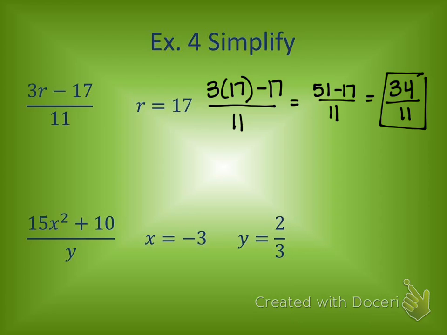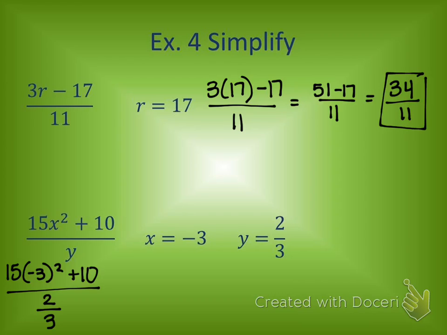But on this next problem, it's a little trickier. They told me that x is equal to negative 3 and y is equal to 2/3. So let's plug it in and solve. So I've got 15 times negative 3 squared plus 10 over, what did they give me for y? 2/3. Am I ever allowed to divide by a fraction?